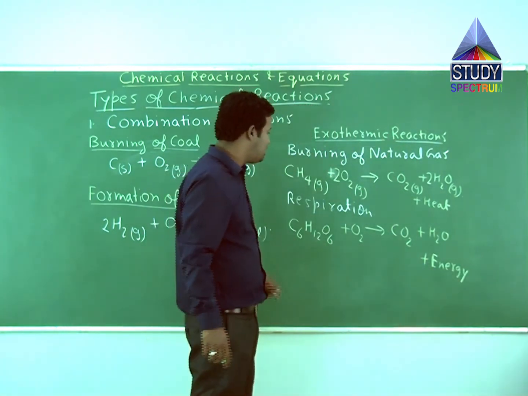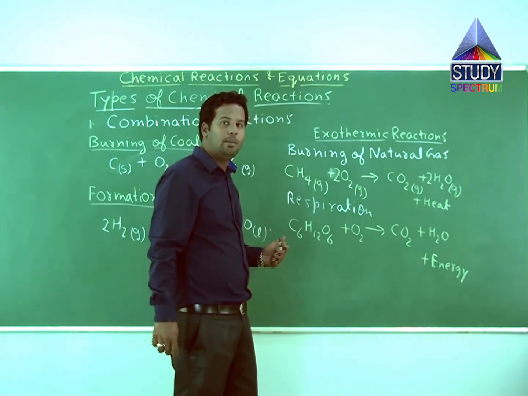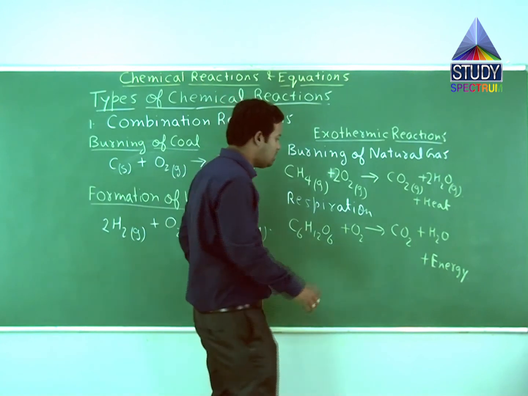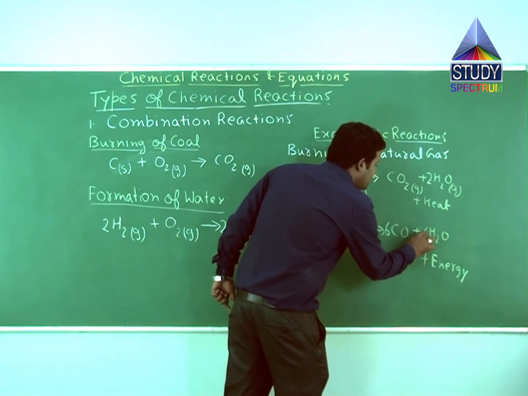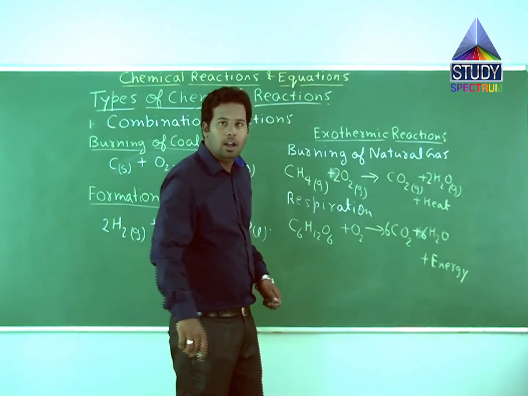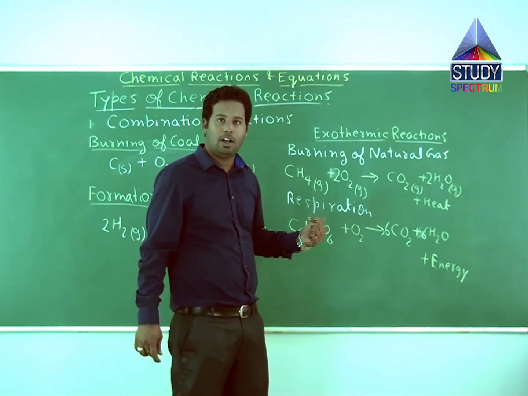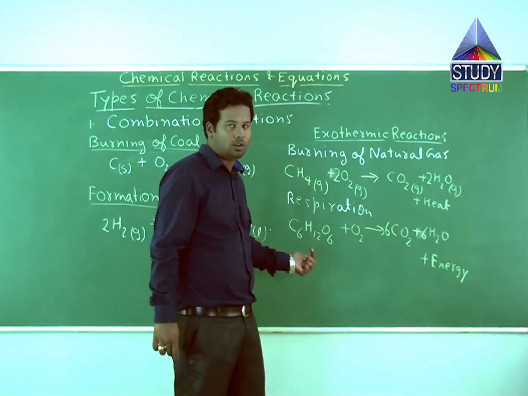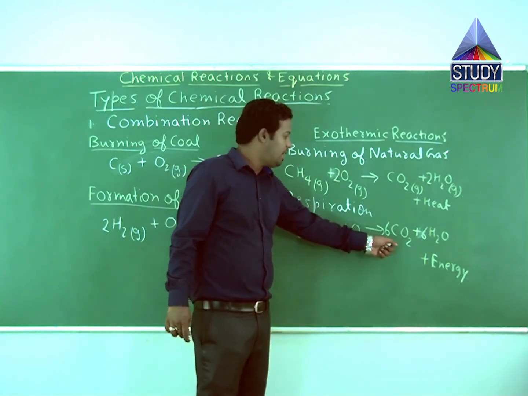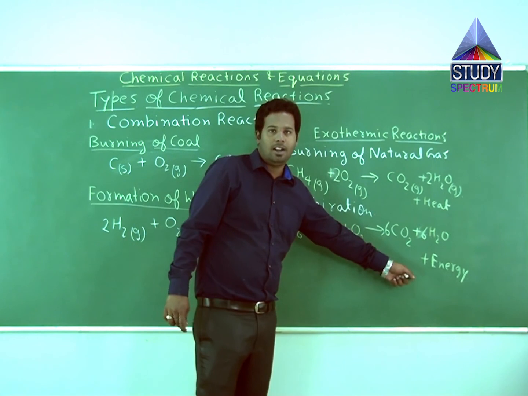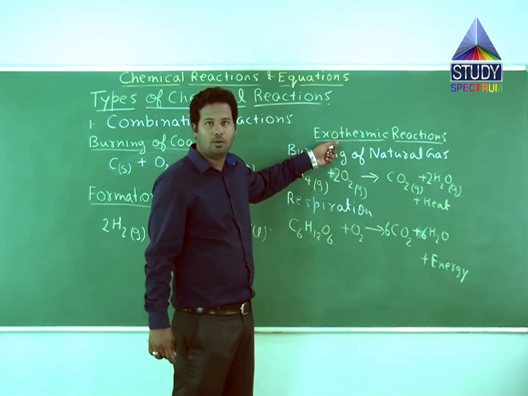If we try to balance this equation, we have already seen this chemical equation earlier while taking the examples of balancing chemical equations. Here it was 6 and this will be 6. There, we saw the reverse reaction, where carbon dioxide and water were combining to form glucose and oxygen. Here it is the breaking of glucose into carbon dioxide and water while also liberating energy, and this example is an exothermic reaction. Why?